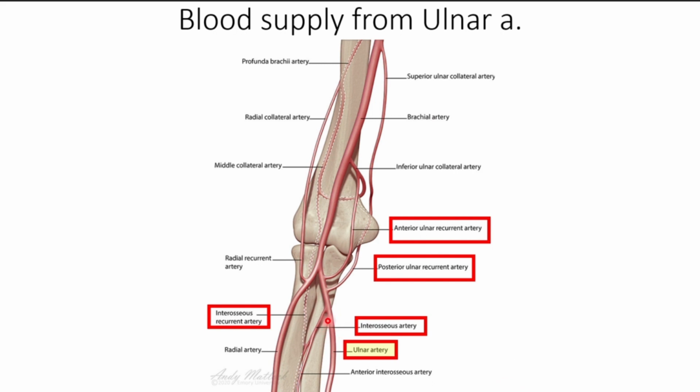The common interosseous artery courses towards the interosseous membrane and bifurcates into an anterior and posterior interosseous branch. It also gives off a recurrent interosseous artery, which travels superiorly posterior to the elbow and eventually unites with the middle collateral artery, seen here.